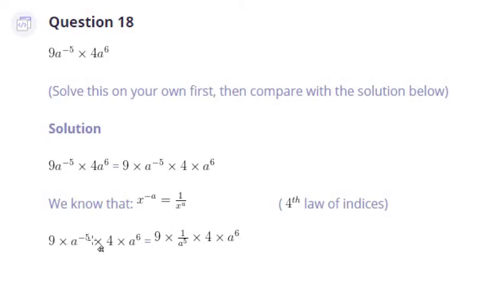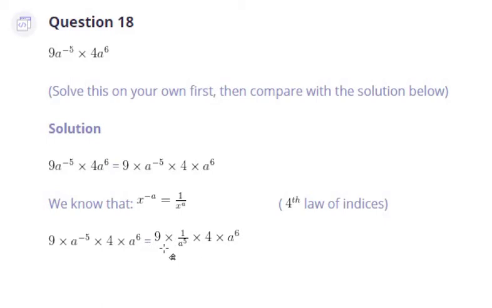9 times a raised to the power minus 5 becomes 9 times 1 over a raised to the power 5. Like I said, the negative exponent becomes positive when this term gets divided by 1. So times 4 times a raised to the power 6.